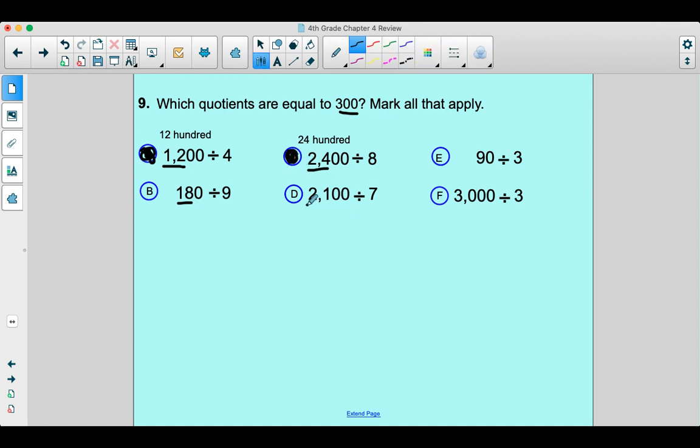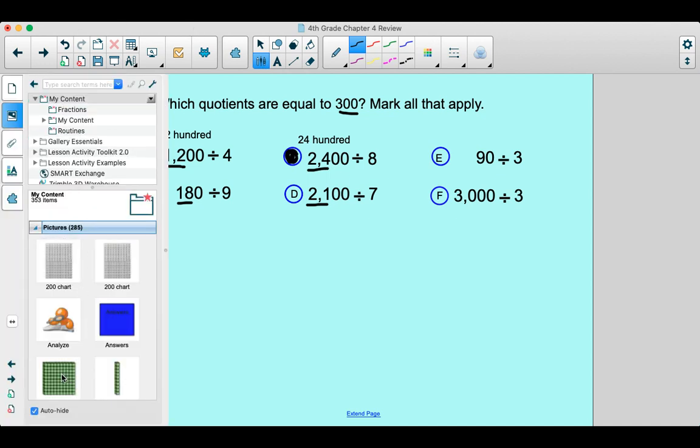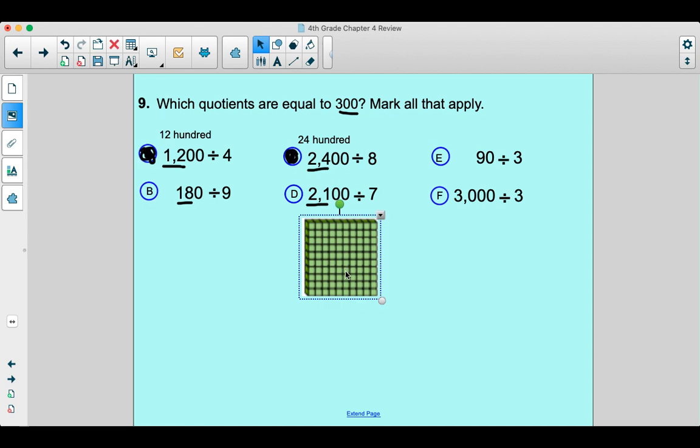C. All right, next one. 2,100 divided by 7, otherwise known as 21 hundreds. Remember, it's like that. Remember those base 10s? It'd be like, let's see if I can find one real quick. It'd be like 21 of these guys here. So 21 hundreds would make 2,100, right?